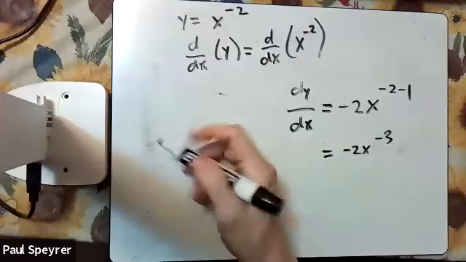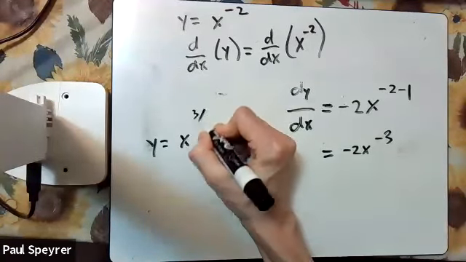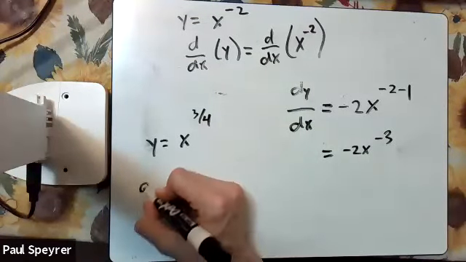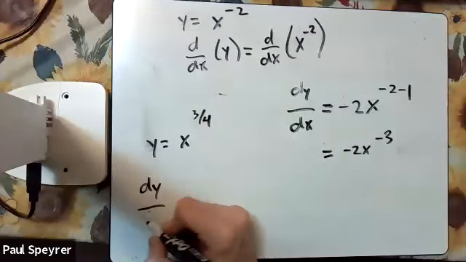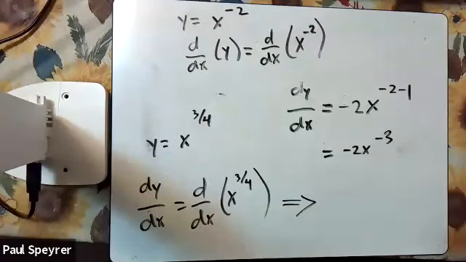What if I had y equals x to the 3/4 power? Something like that. Well, if we want to try to find the first derivative, how do we do that right there? Again, follow the power rule. Remember, it becomes n times x to the n minus 1 power.